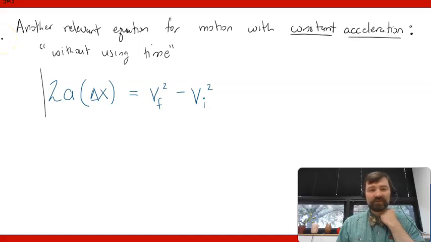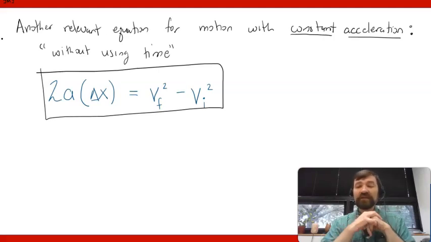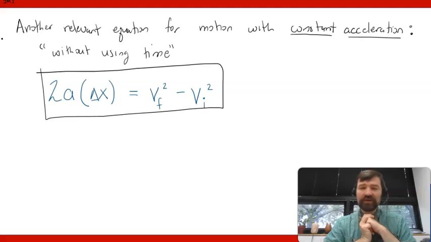So this is another equation that's valid only if you have constant acceleration. This is useful if you're given an initial and a final velocity, and you know what the acceleration is, and you want to know how far the thing has traveled, and you don't want to have to solve for time first.